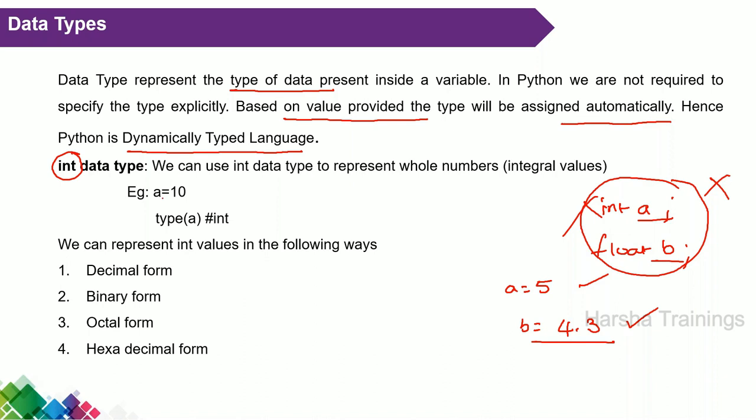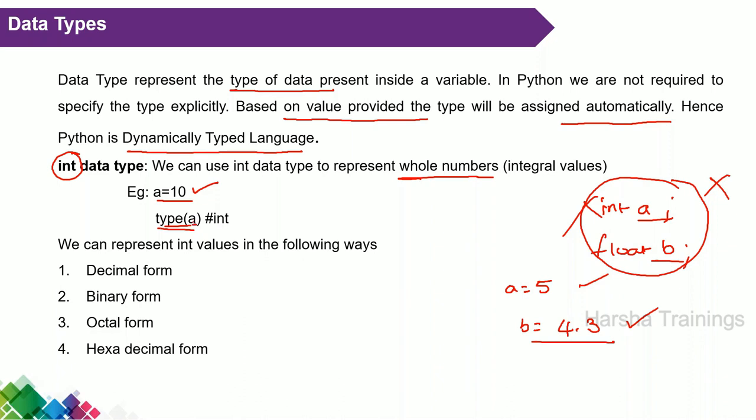First, we will move to the int data type. For example, a is equal to 10. Integer means all whole numbers are called integers. So a is an integer. And one more function, a predefined function. Python contains many predefined functions. One more predefined function is type. Here we pass the variable.